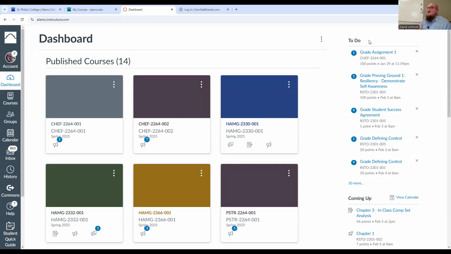If they haven't assigned due dates, it's not going to auto-populate in chronological order on your to-do list. My to-do list is everything I have to grade. Your to-do list is all the assignments that are coming up, for all of your classes. This is a good place to look because if you need to figure out what you need to focus on, what needs to be done first, I would come to your dashboard. That way you can focus on what needs to be done first.